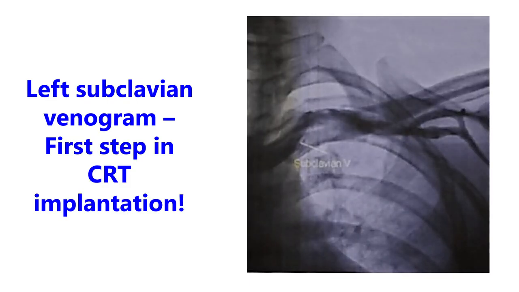The defibrillator leads will be thicker, and you need to know that there are no anomalies. Otherwise, after puncturing the subclavian, you may not reach the implant site. So for that, subclavian vein venogram is the first step during implantation of a cardiac resynchronization therapy.